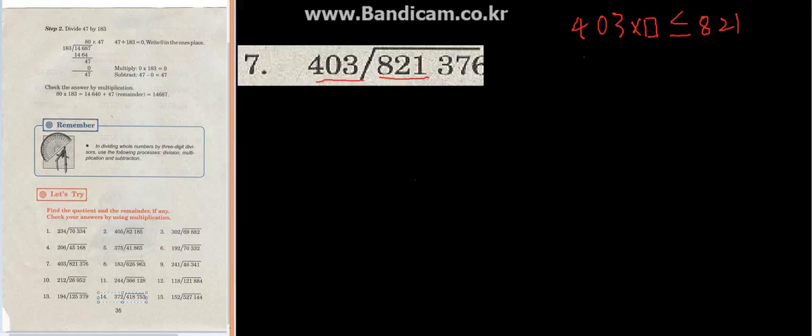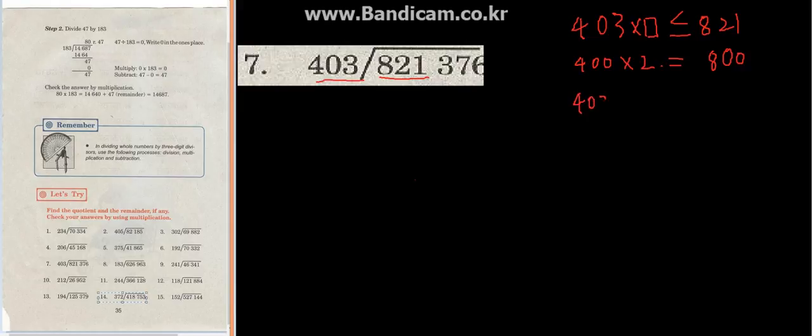And 403 is about 400-ish, and 821 is about 800-ish. So we multiply by 2, and that'll be equal to 800. So in this box we will put 2.